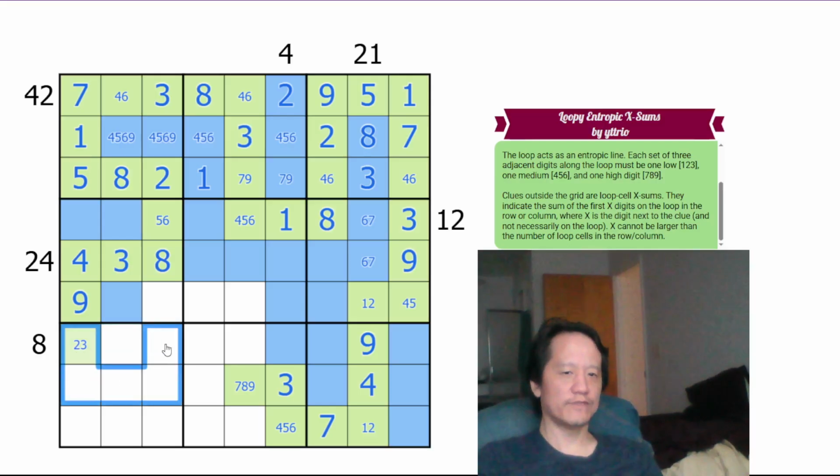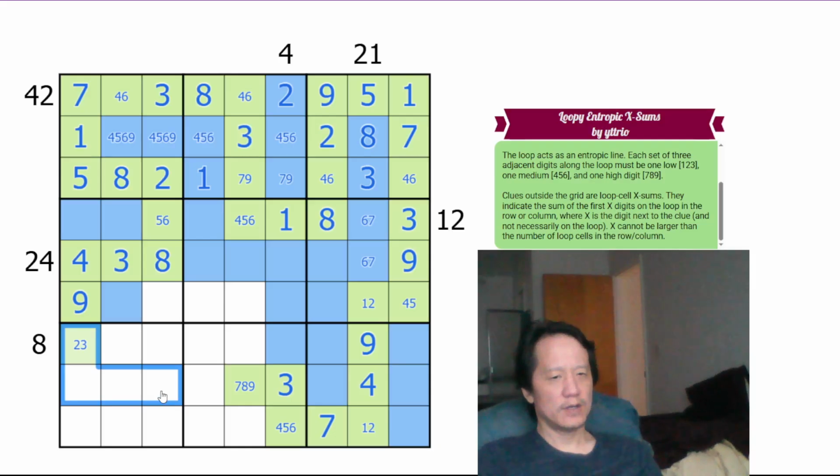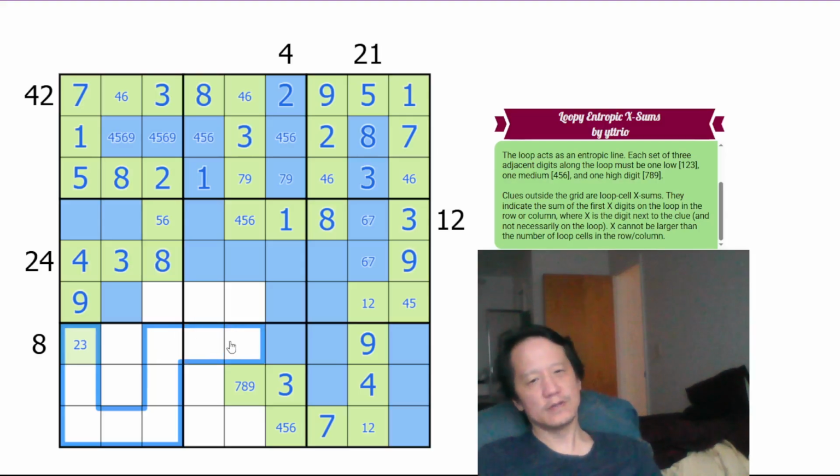I guess 1 and 4 could be different ones. Okay, how would that work? If this is 3, you would have to have 1 and 4, so it would have to be 4 here if it's going that way. I guess it could be something weird like that. That's possible.